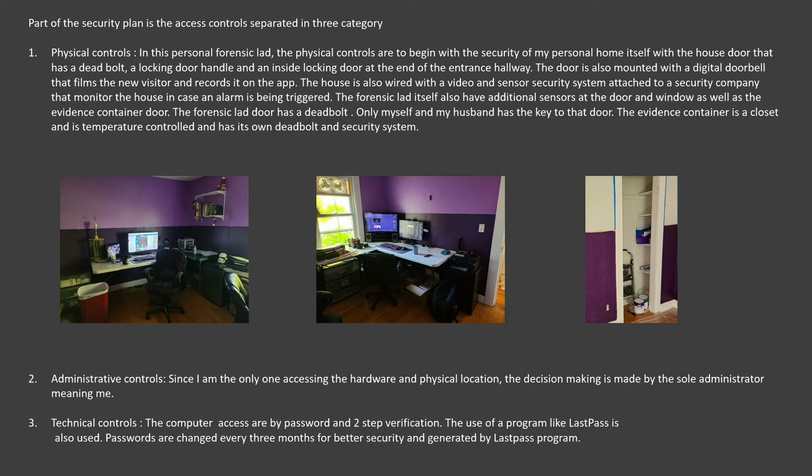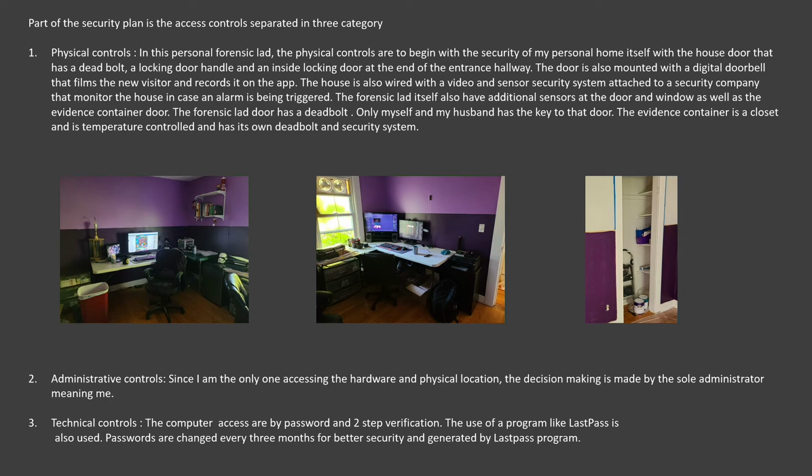The far right picture would be the room closet, which is temperature-controlled and usually has a door, but that was a construction picture while I was building the room. And obviously there is a security system involved with this once the door is installed.